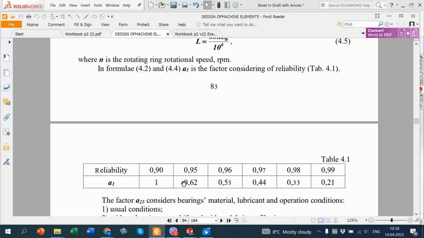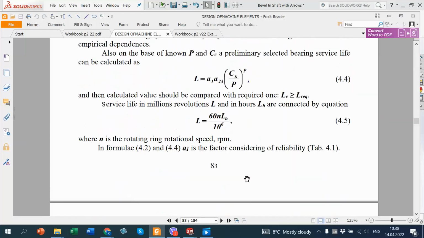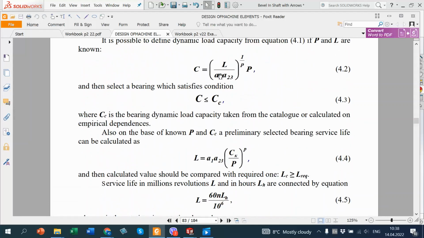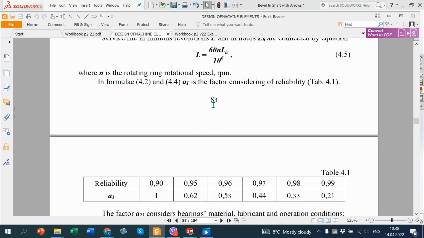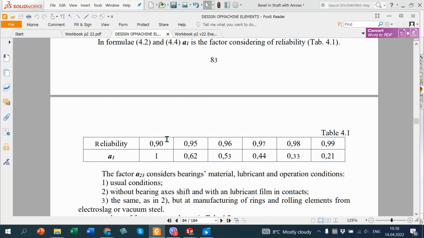If we need reliability higher than normal, we should use reliability factor A1 less than 1. In such case, when A1 decreases, C increases, and we need to take bearing bigger to avoid damages. So let's take 1.